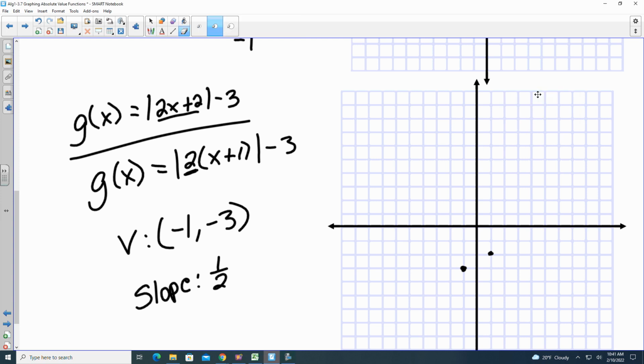I messed up. It's still going to be that slope here. So it's still going to be 2 over 1. So it's up 2 to the right 1, and it's up 2 to the left 1. And that is our graph for that specific one there.